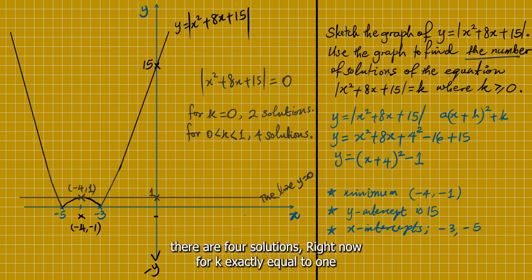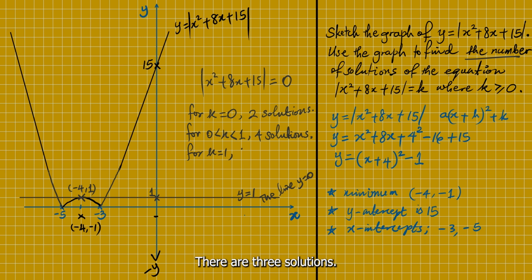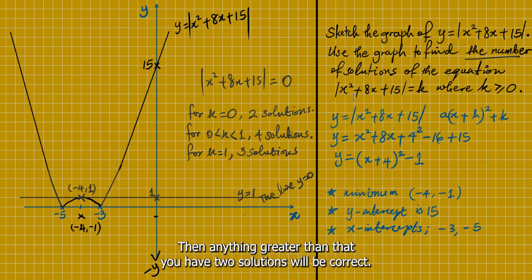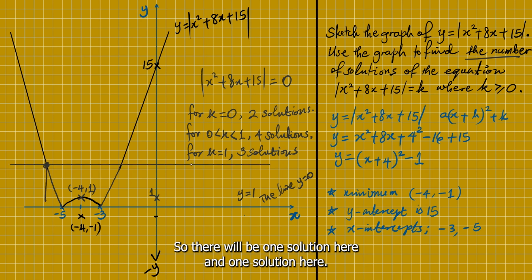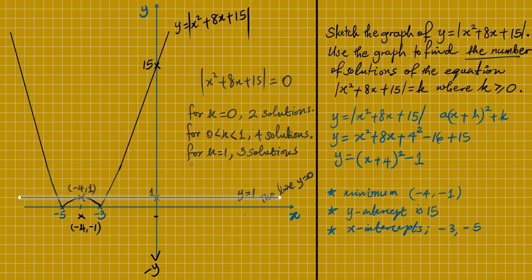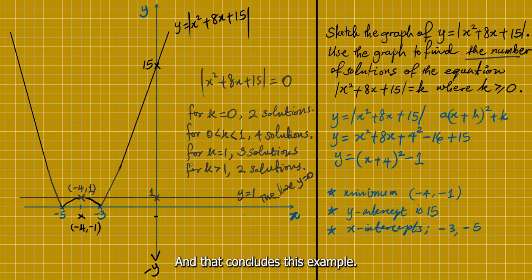Now for k exactly equal to 1, because this is the line y equals 1, for k equals 1, there are 3 solutions. Then anything greater than that, you will have 2 solutions. There will be 1 solution here and 1 solution here. So for any k greater than 1, 2 solutions. And that concludes this example.